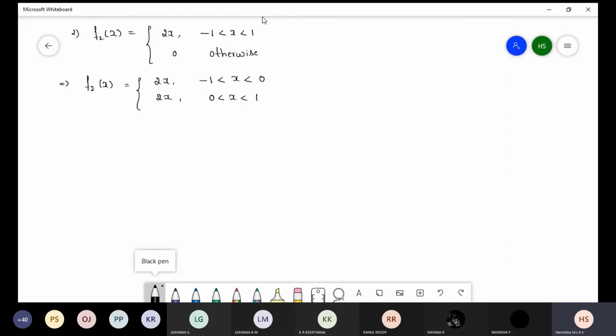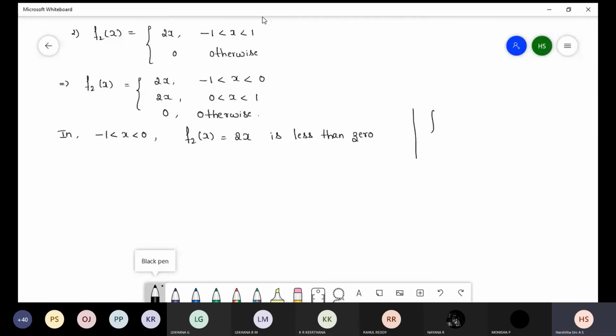First one I have taken minus 1 to 0 and next 0 to 1. Last 0 I will write as it is. So in here minus 1 less than x less than 0, f2 of x is equal to 2x. So if you define, it will come less than 0. How it will become less than 0?